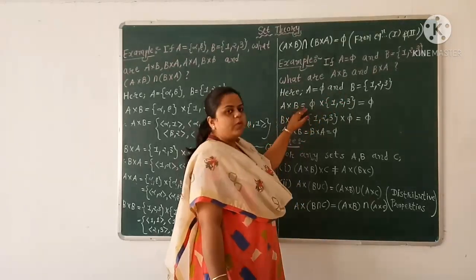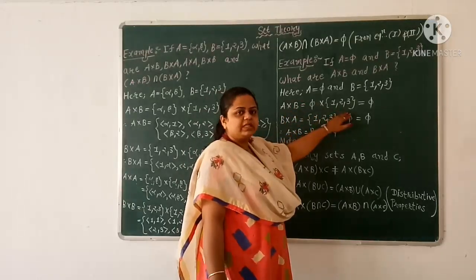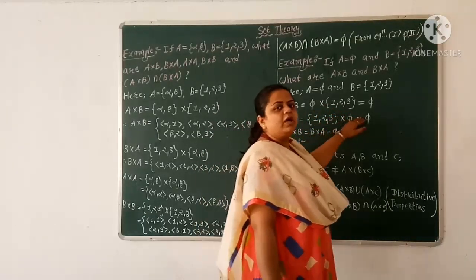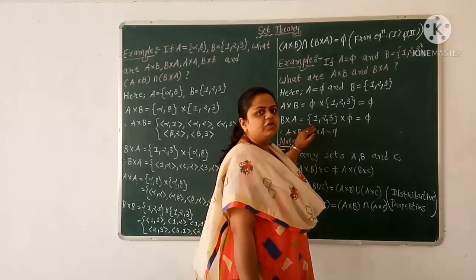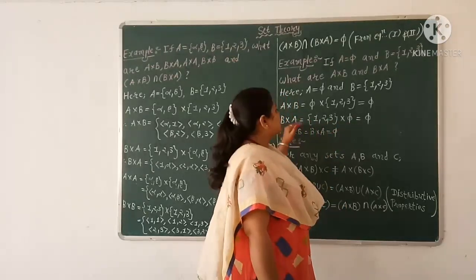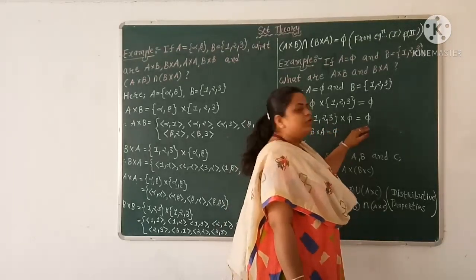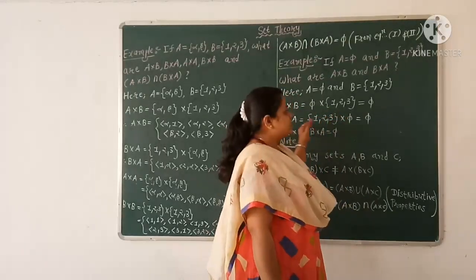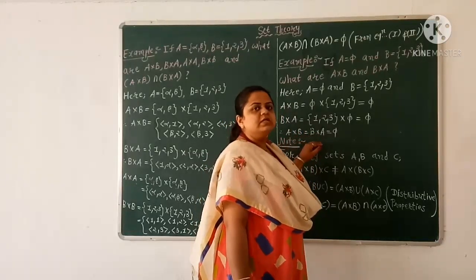So A cross B is equal to A, that is the empty set, cross B, that is {1, 2, 3}, and obviously the empty set cross {1, 2, 3} is equal to the empty set, and B cross A is equal to {1, 2, 3} cross the empty set, which is equal to the empty set. So we have A cross B equal to the empty set and B cross A equal to the empty set. So A cross B is equal to the empty set, which is equal to B cross A.